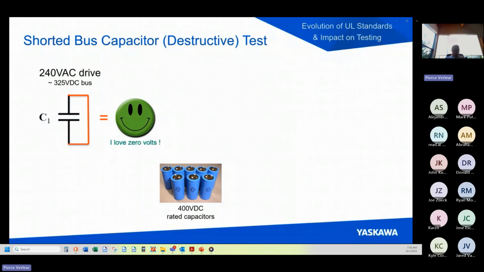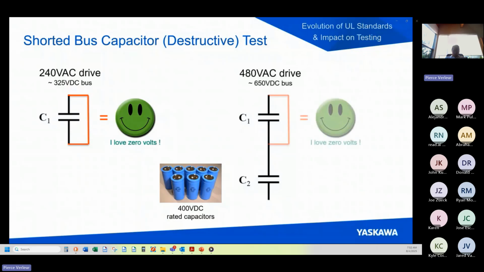But let's look at a 480 volt drive, and this would be similar to a 600 volt drive too. Keep in mind that the 480 volt drive is using those same 400 volt capacitors, but in series. So normally they would be sharing the voltage. When we short one of the capacitors, and this is what we're required to do by UL, put a short across one of the capacitors, that particular capacitor is very happy.